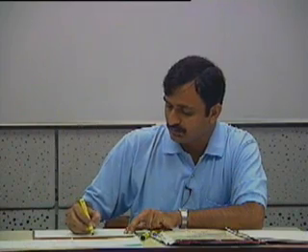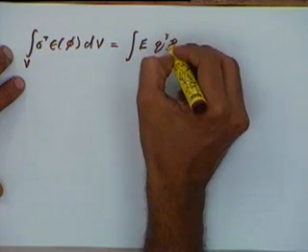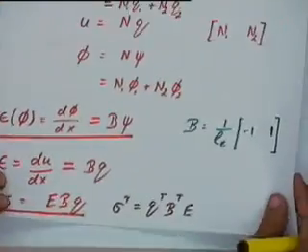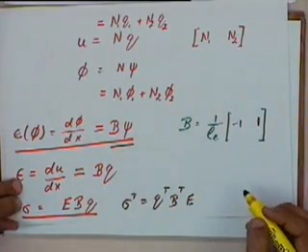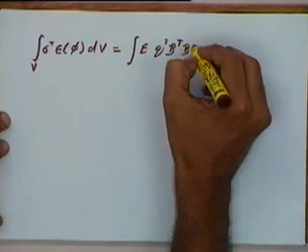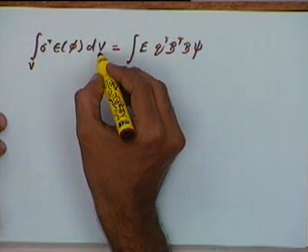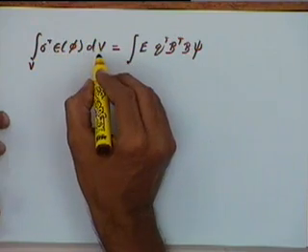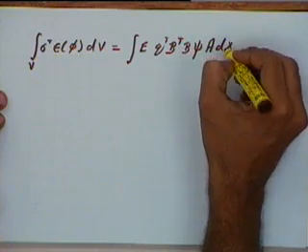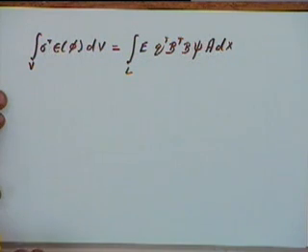So this will be equal to the integral of E Q transpose B transpose multiplied by epsilon of phi. Epsilon of phi is B times psi, so I'll put that over here, B times psi dV, where dV is a differential volume element, which will be equal to area times dx. So it will be the area of the element multiplied by dx, and now this integral will be an integral over the length of the element.